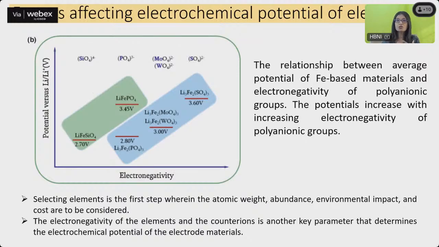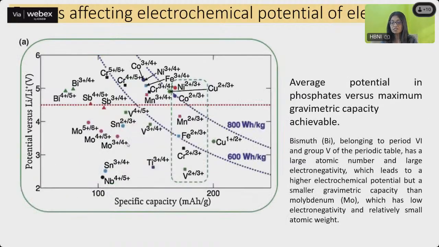Then another important role which has to be taken into account is the counter anion. As you see in the previous slide also, for all these ions the counter anion was the same, and that is why you could compare them. They were all phosphates.